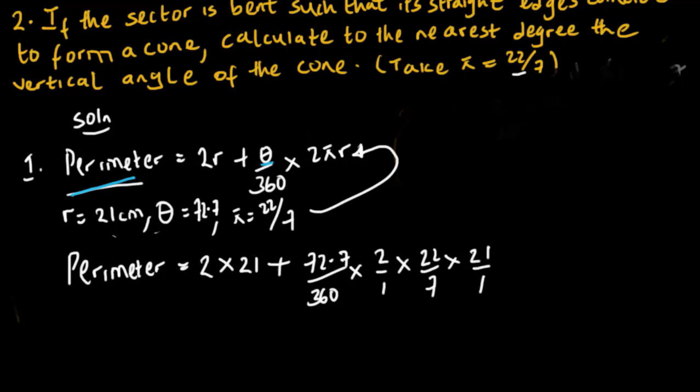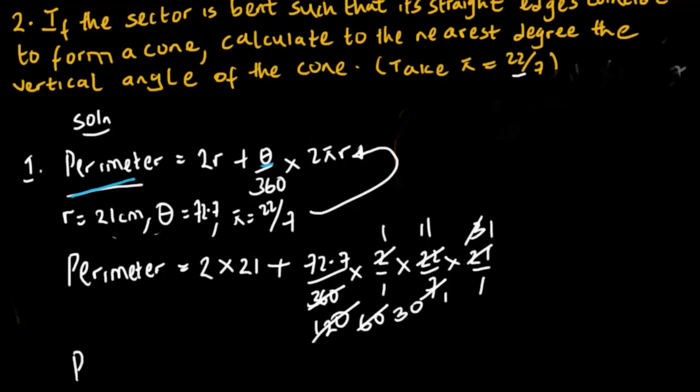Does this make sense? 7 here 1, 7 in 21 is 3, 3 here 1, 3 in 3 is 1, 3 in 6 is 2, then 0. I have 2 here 1, 2 in 120 is 60, 2 here 1, 2 in 60 is 30. Does this make sense?